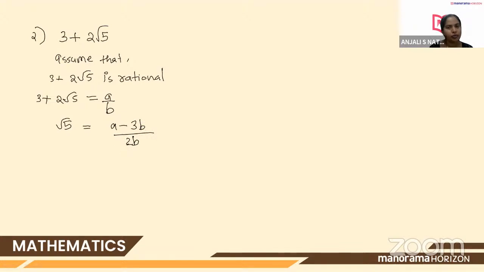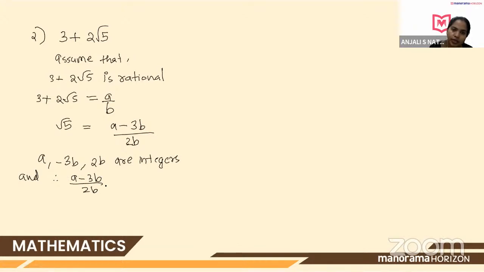So here also a minus 3b and 2b are integers, and therefore (a minus 3b) by 2b is rational.